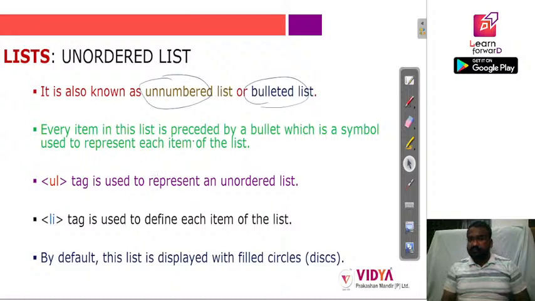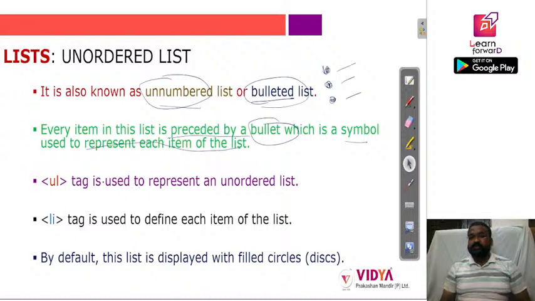The same item would be preceded by a bullet, which is a symbol used to represent each item of the list. That means now we would get something like this circle, which would be a filled one. This is the default format, and then there would be our item. That's why it is called a bulleted list or unnumbered list.